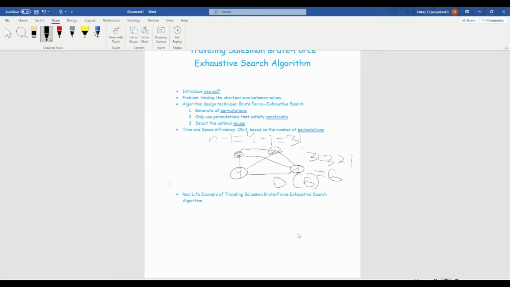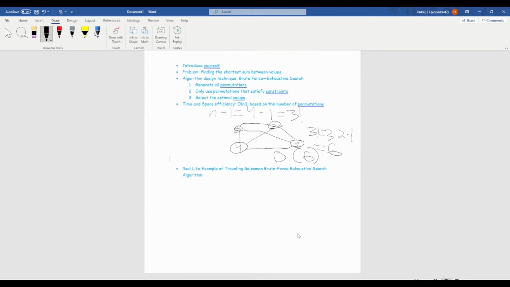To give a real life example of the traveling salesman brute force exhaustive search algorithm, I'm going to give an example problem of something that would actually help me out. Say I start from my house and I have errands to run, as a casual person will have.